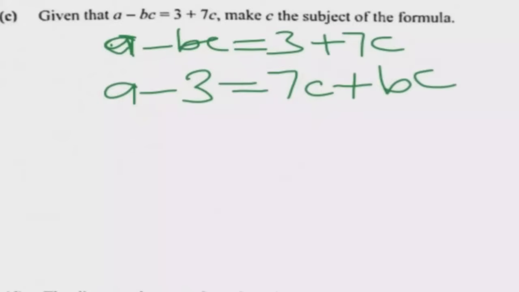Okay, now what we do here is this. First we focus on this expression so that we deal with C. So we're going to factorize. Okay, so we're going to have A minus 3 is equal to, so we're going to factorize 7C and BC. To do that, we're going to ask ourselves what number or variable is found in both.